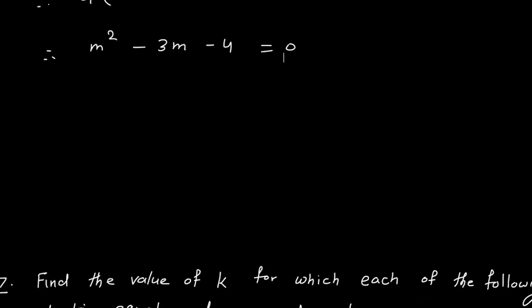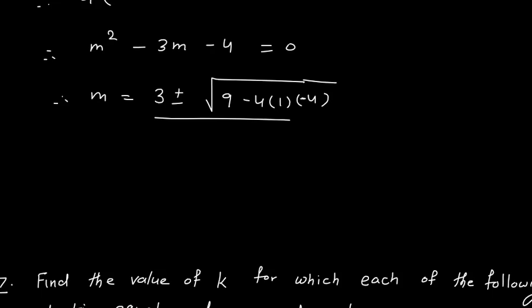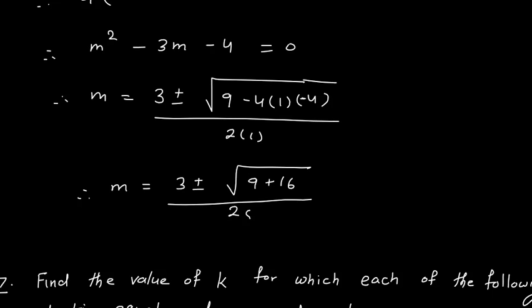Okay. So now you can solve this by factorization or you can use the formula method. So therefore, you can say that by using formula m is equals to 3 plus minus root of b square, that is 9, minus 4 into 1 into minus 4 and whole divided by 2 into 1. So therefore, it will give you m is equals to 3 plus minus, now it is 9 plus 16 and 9 plus 16 is 25, right?